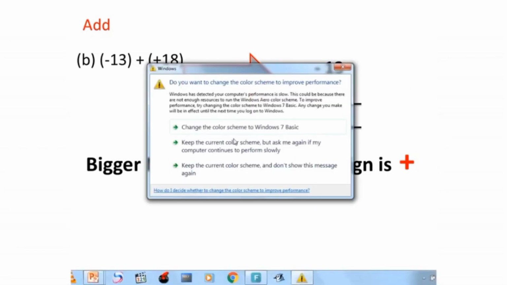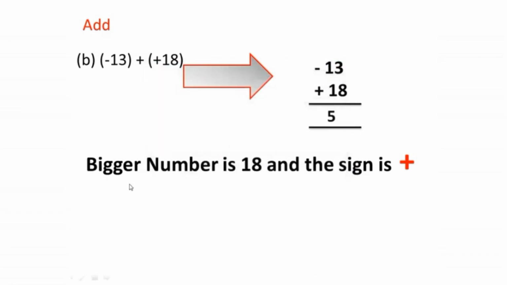But the very interesting fact is, one is having minus and another one is having plus. Please read carefully. The bigger number here is 18 and the sign is plus. That's why the result carries the plus sign. Very interesting. So if you rewrite this, it will be 18 minus 13 and the value will be 5.